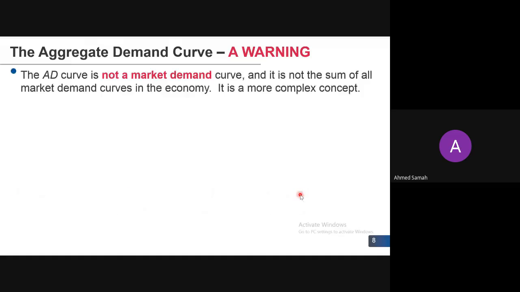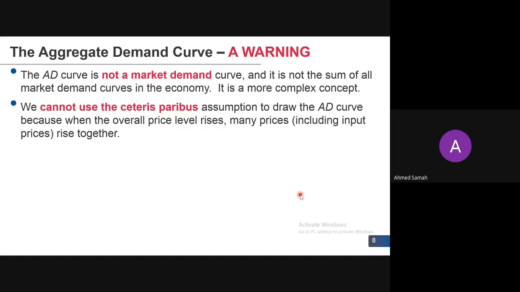The same concept applies here, but with the general price level and the overall output level. Some warnings: the aggregate demand curve is not a market demand curve, and it is not the sum of all market demand curves in the economy. It is a more complex concept. We cannot use the ceteris paribus assumption to draw the aggregate demand curve, because when the overall price level rises, many prices, including input prices, rise together.